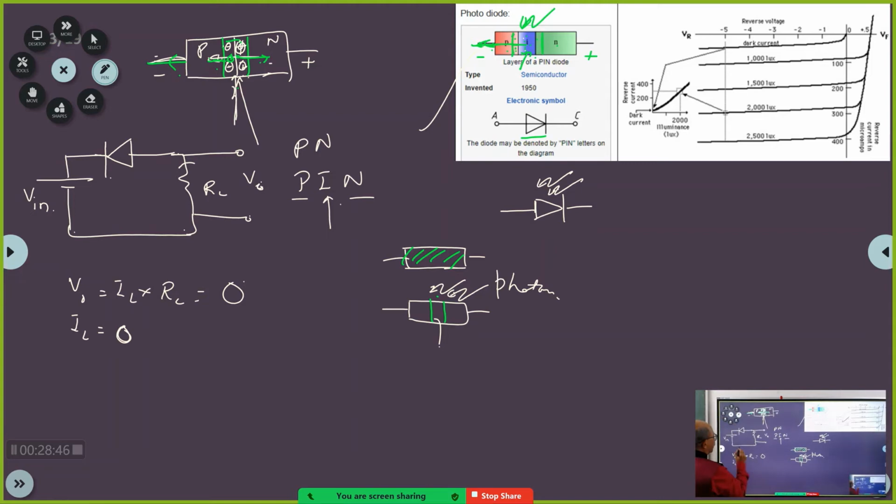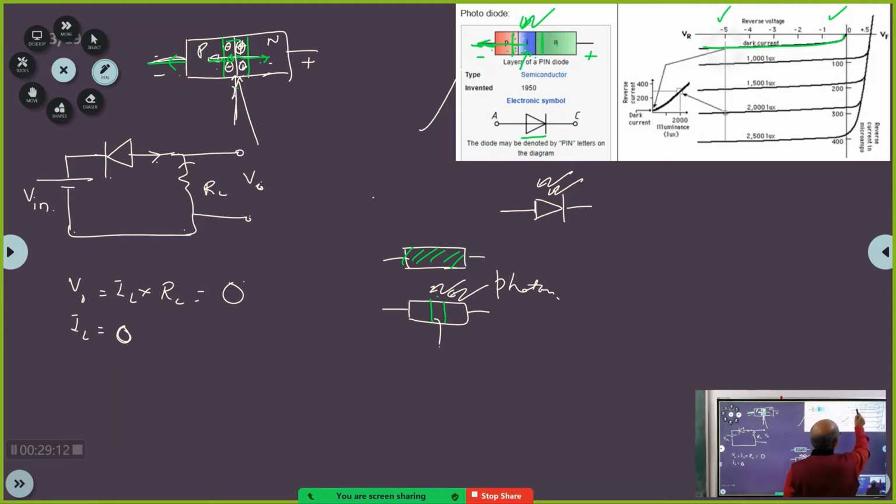So in that case, what happens? A small reverse bias current will be flowing through this. Agreed? You can see here this graph. All of you can see this. Here the reverse bias voltage is minus 5 volts, assume.